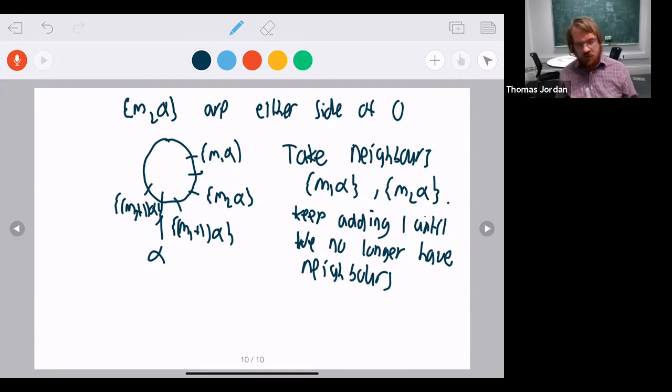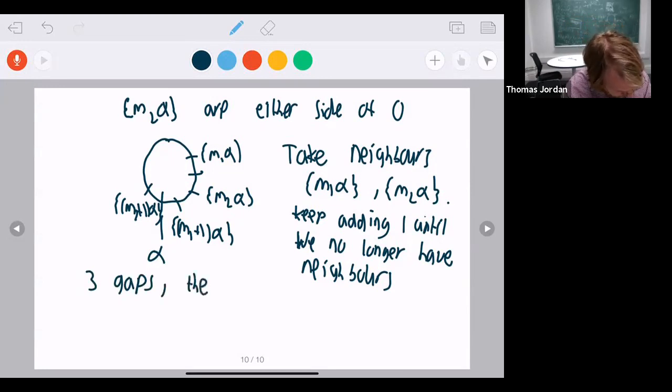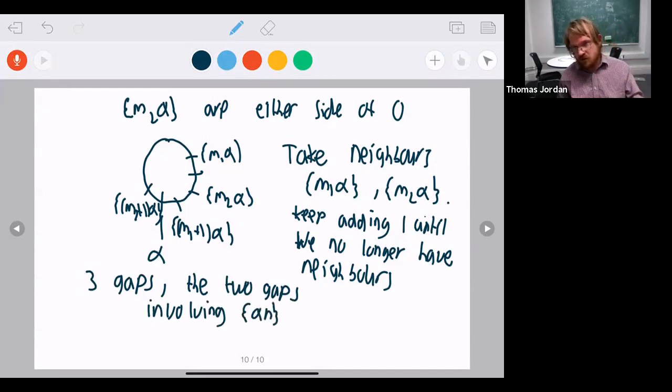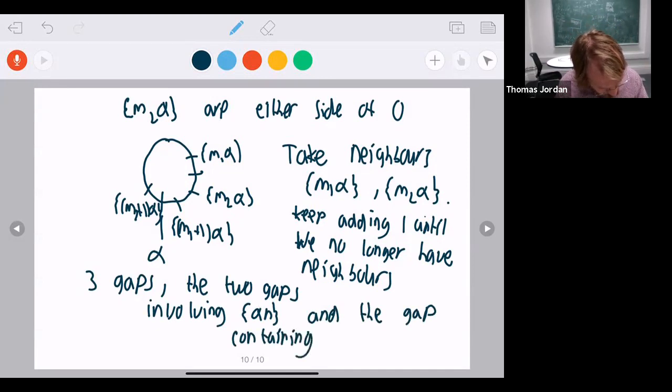And that is where the 3 gaps come from: the 2 gaps involving this last term alpha n. So the gaps come from the closest point to alpha n on either side, and the gap which contains 0.